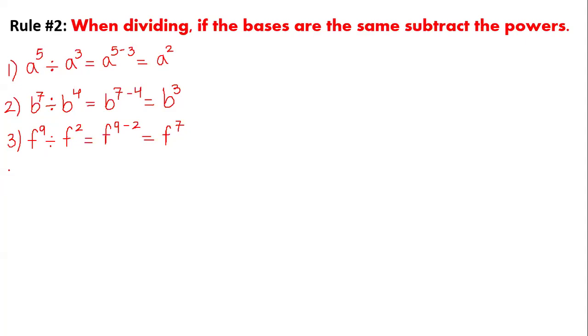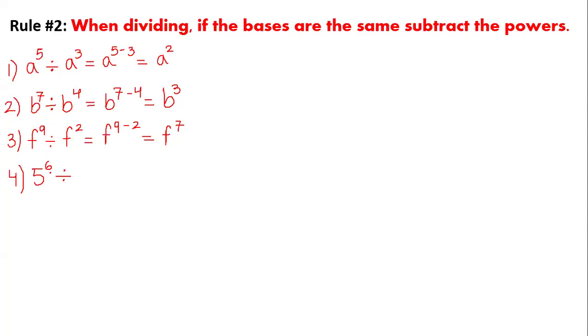Number 4, we have 5 to the power of 6. My laptop is about to die, so I can join back on my phone. Can you give me a couple minutes, please?